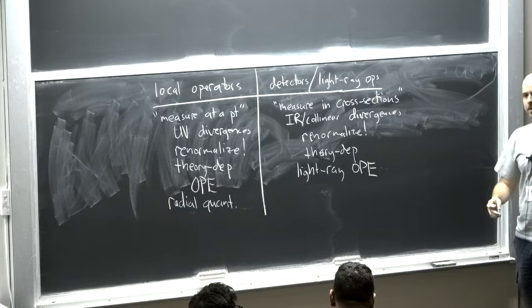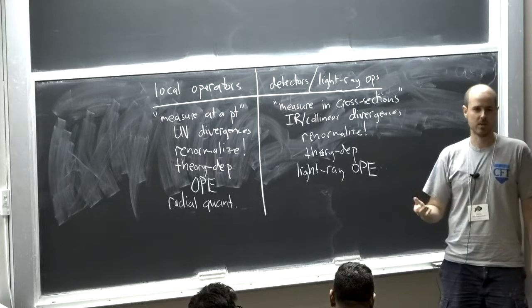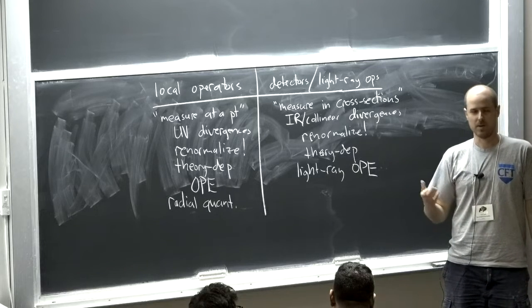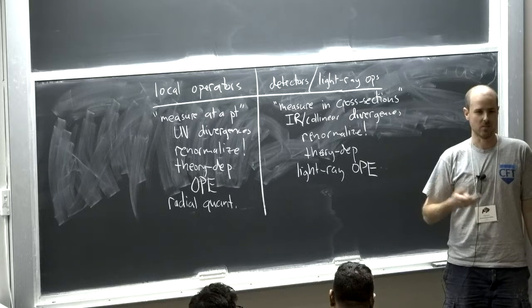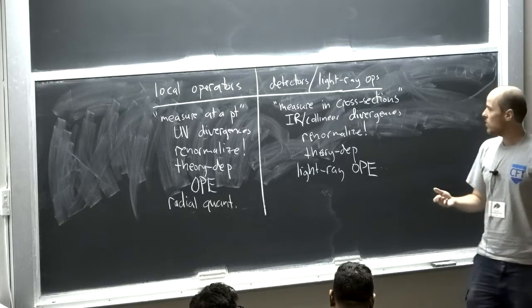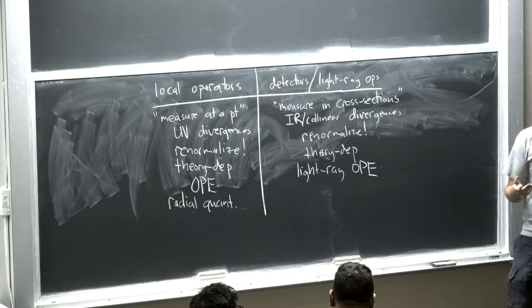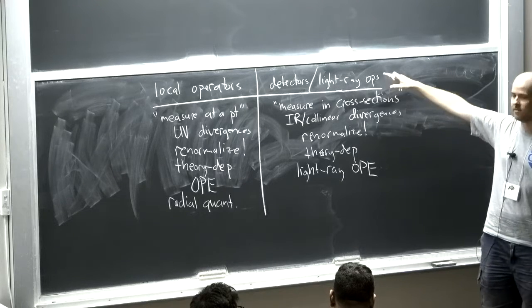So the idea is that you can compute an amplitude, but once you have the amplitude, if you want to know what you measure in a collider, you still have to square it and integrate it against some weight. And the point is that you have to be careful about what you integrate it against. The things that you're allowed to measure from the squared amplitude are actually constrained and they're theory dependent and they live in this space.